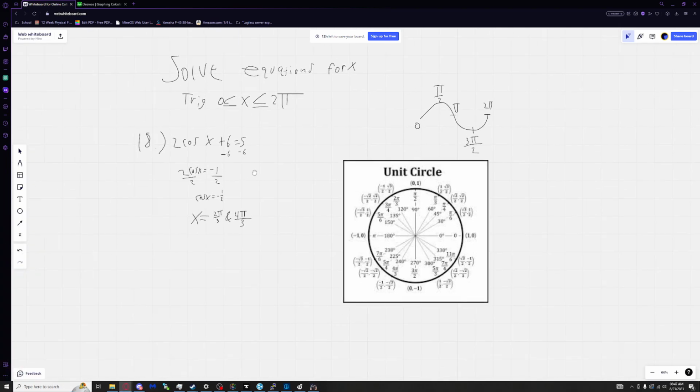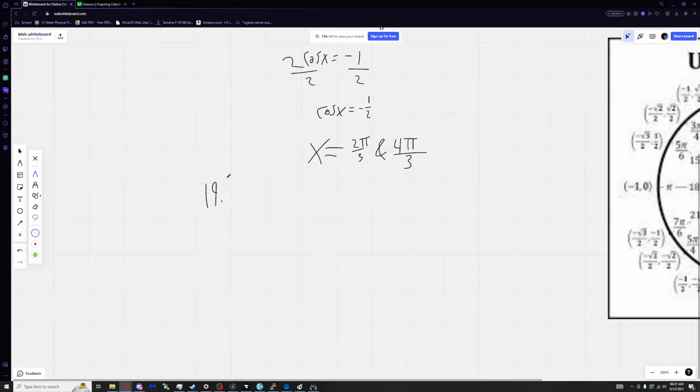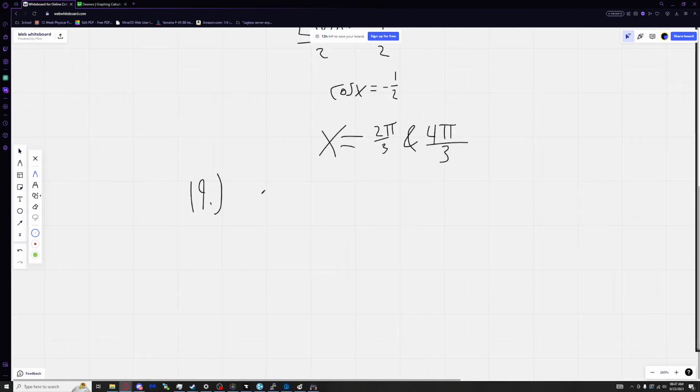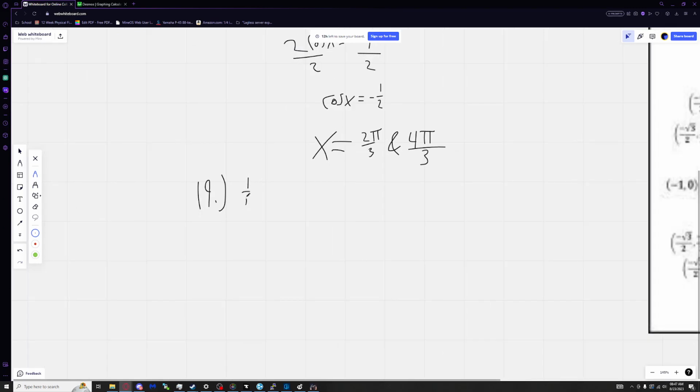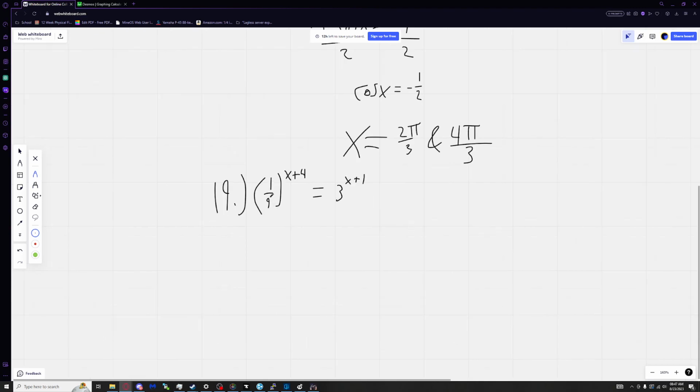The next question, number 19, asks us to find x for the function 1/9 to the x plus 4 is equal to 3 to the x plus 1. Now the first thing I'm seeing here is that 9 is the square of 3.